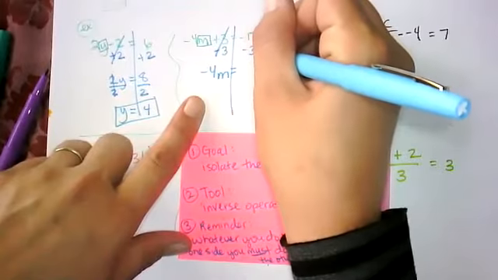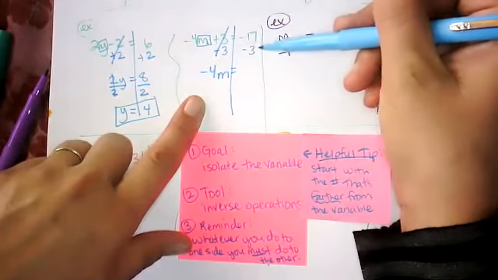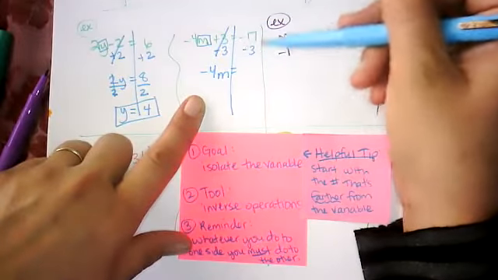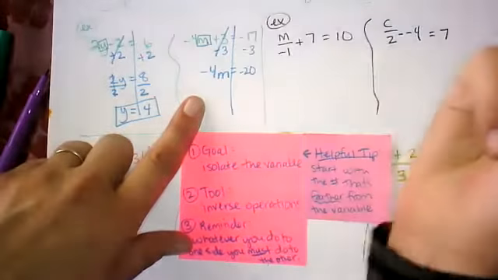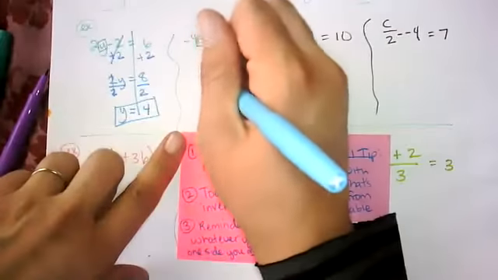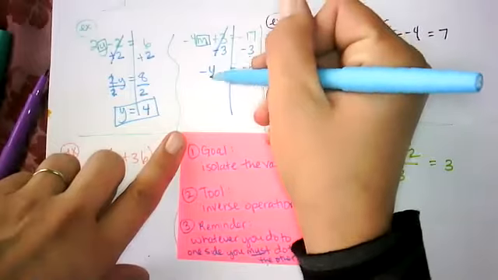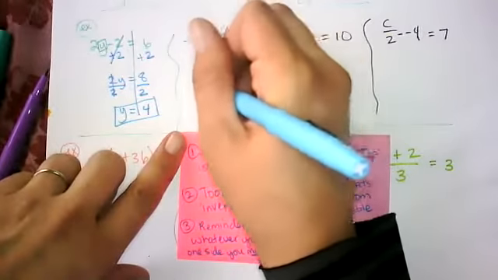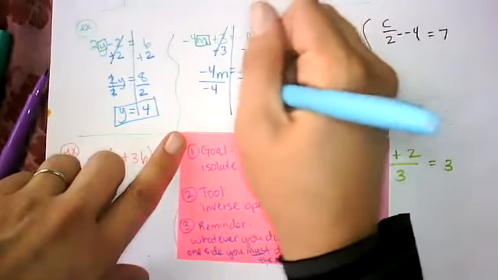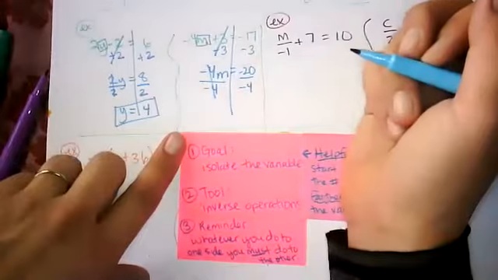Then negative 17 minus 3. If you owe somebody 17 dollars and 3 dollars, you owe them two different amounts. Now you owe them 20 when you combine it. And then this is negative 4 times m. If I want to get rid of multiplying by that negative 4, I have to divide by negative 4 to get it to cancel out.